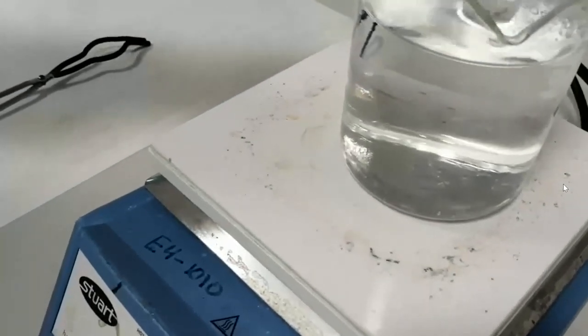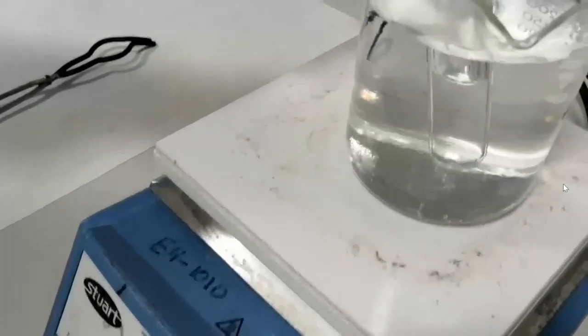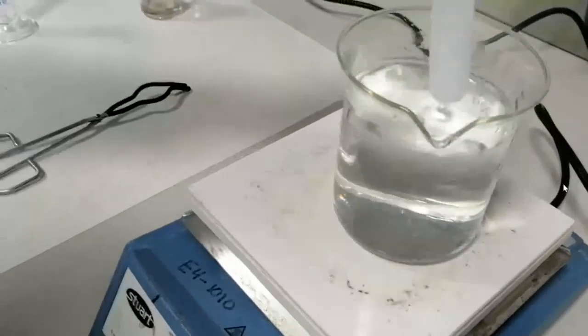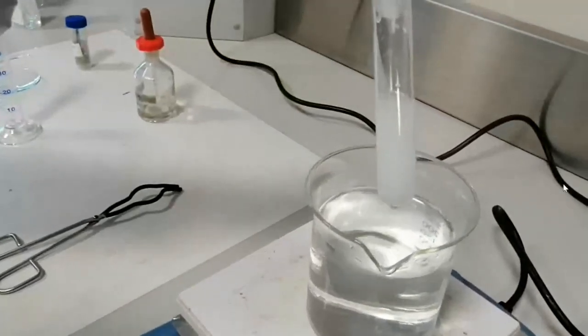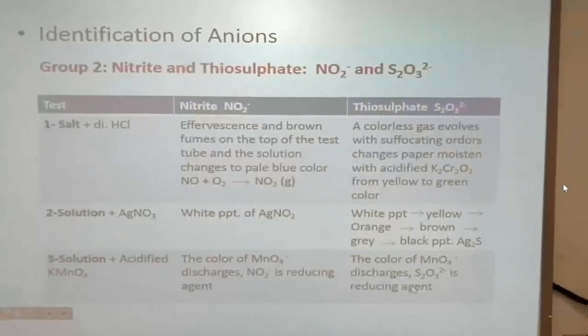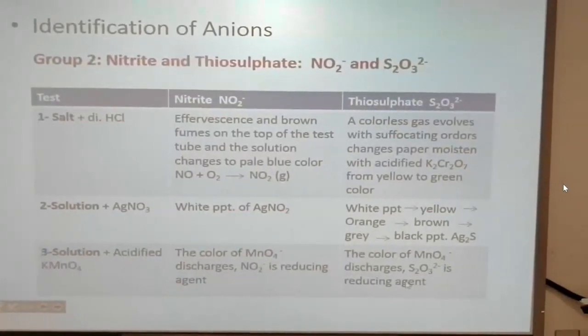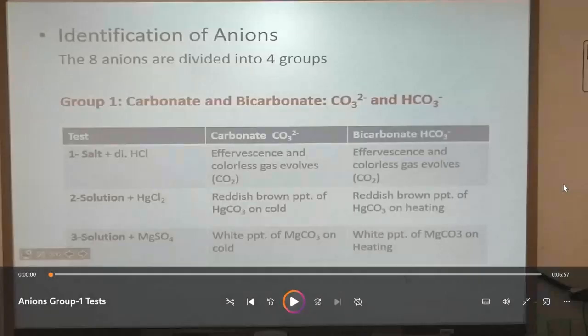We have to mix very well, and the water should be boiling. Now you can see the turbidity is formed after some time, which means the bicarbonate is converted to carbonate.